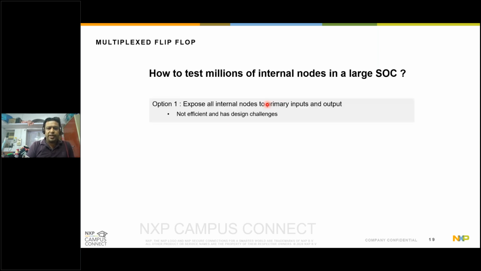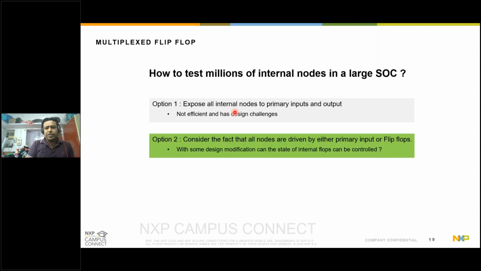One option is to expose all those internal nodes to your primary inputs and outputs. But that will not be an efficient way of testing your design, and it will have its own design challenges, because in that case you will have to introduce a lot of mux structures to expose all your internal nodes.